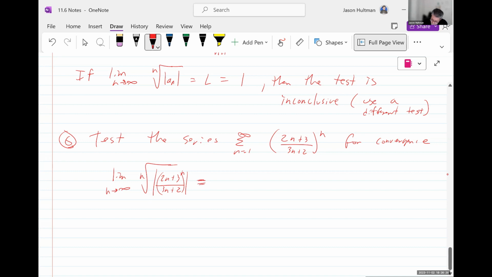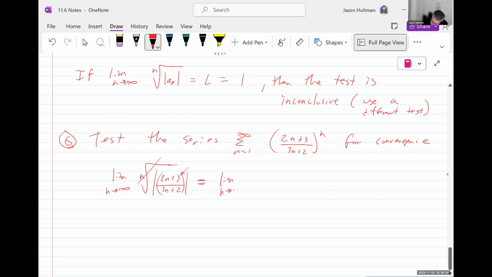Okay, and what that allows me to do is get rid of the nth roots and the power of n here. These are going to cancel.